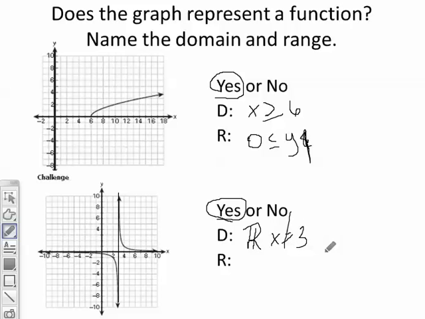X not equal to 3. Okay? And my range is going to be all real numbers except for y not equal to 0. Why? Because it won't ever equal that 0 value right there. It's also asymptotic to that one.